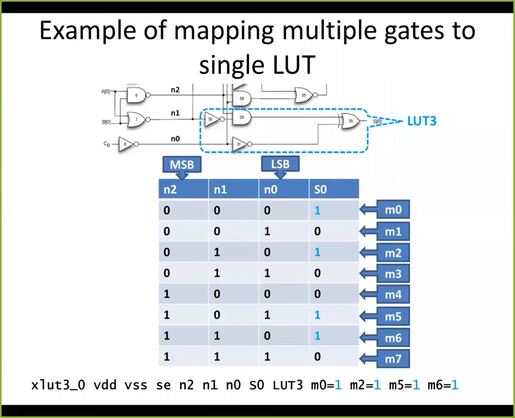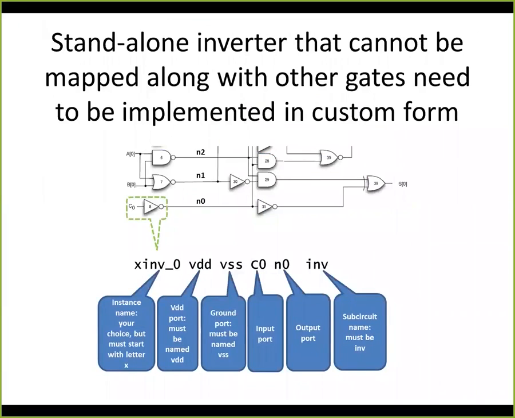Okay, the collapsing of multiple gates into a single lookup table is also possible, as shown here. You could have a group of gates that are single fan out mapped to a single lookup table, and that way you can attempt to reduce area or do optimization. Standalone inverters can be described as a standalone component, but it's encouraged to map them to lookup tables if possible.